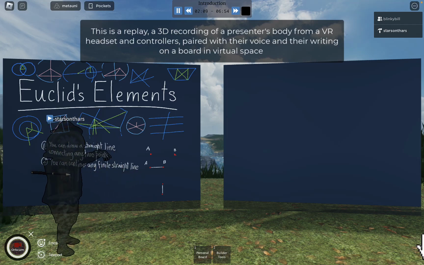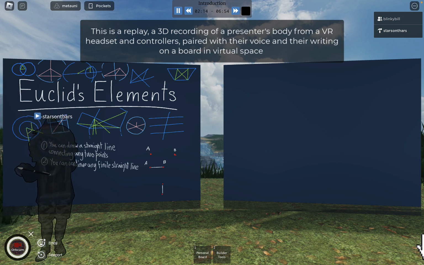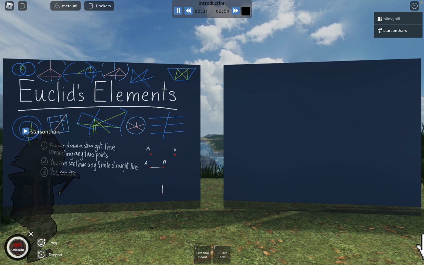Right, so you see a straight line over there, AB, and the second postulate says that I can continue that straight line further along in the same direction. And third, you can draw a circle with any given center and radius.